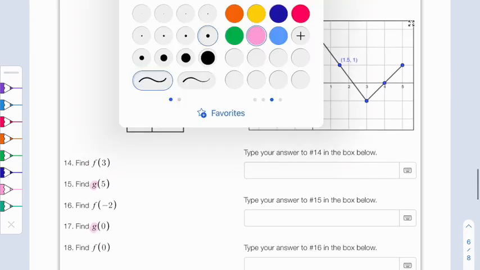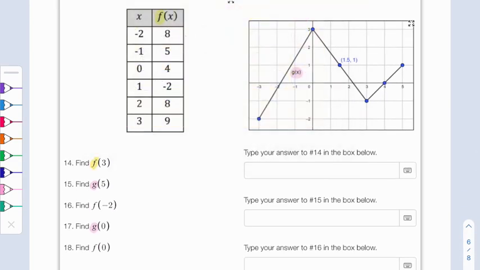Anything that's asking you about f is going to refer to the table. So f of 3 means what's the output if x equals 3 from the table?